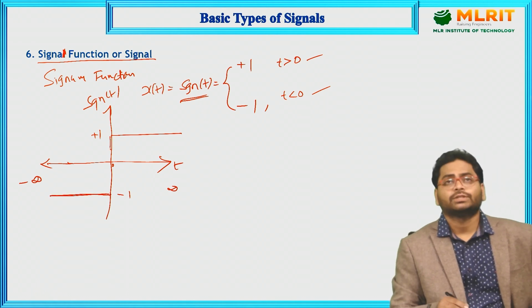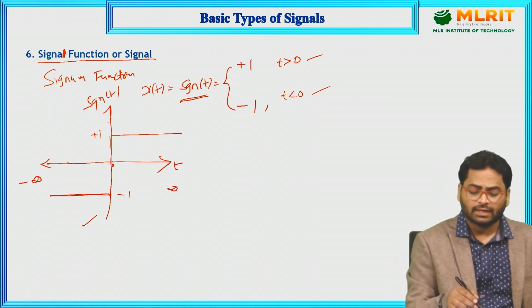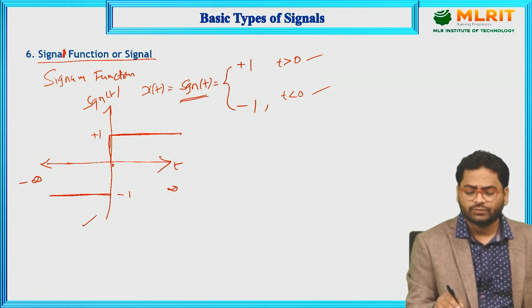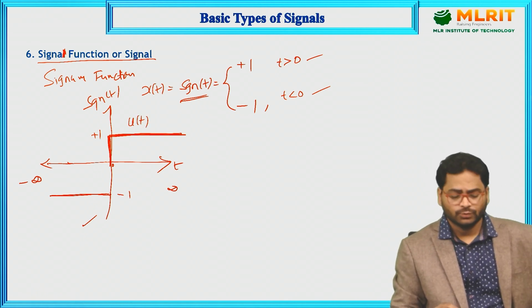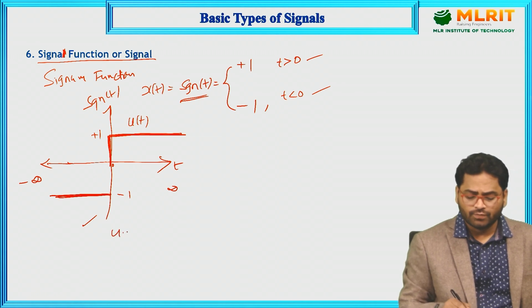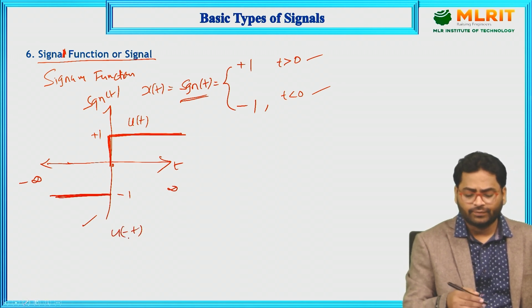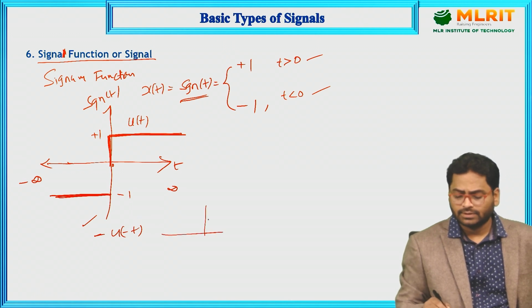Okay, so this is about the signum function. If you observe the graph clearly, this one is a known function, it is u of t. And this one is u of minus t, the flipped one, that means minus 1. You can take this as u of minus t.